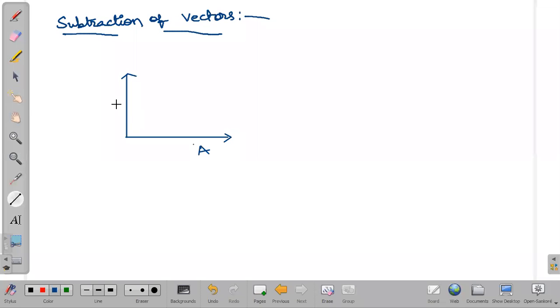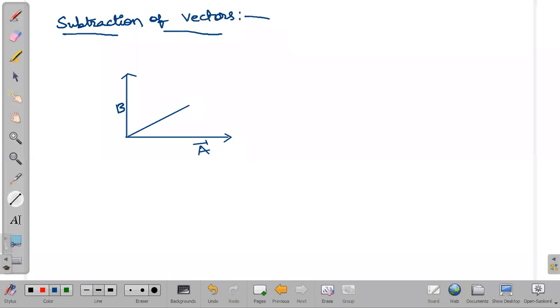Now, how do we add them? We will add them in the general way, with the same vector law of addition. The resultant of these two will be in this particular direction, the diagonal.